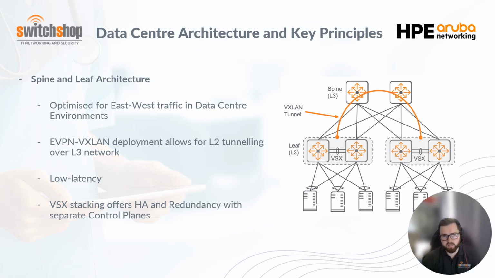At the data center, high availability of switches at all times is crucial, and Aruba Networks' virtual switching extension, or VSX, allows for this. Using VSX allows for dual chassis redundancy, with the switches virtually operating as one at layer 2, allowing for the use of active gateway, eliminating a single point of failure.